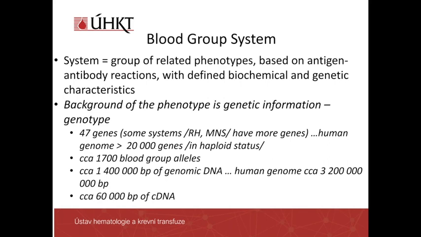Blood group genes, we have now 47 genes, so more than systems, because some systems have more than one gene, and 1,700 blood group alleles, and known more than 60,000 base pairs of coding DNA for blood group genes.